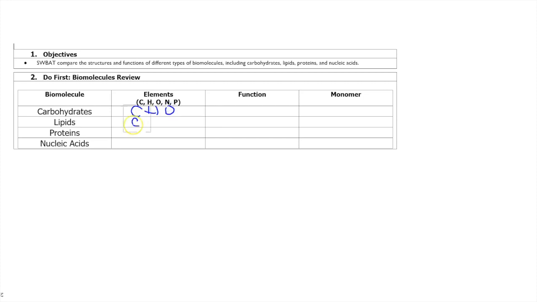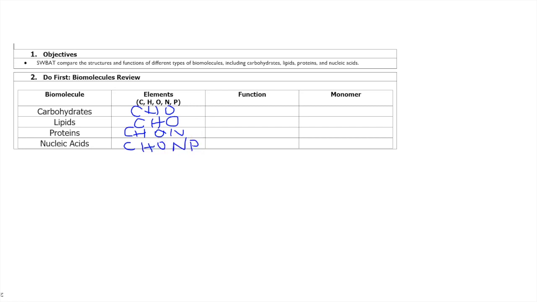Lipids, same thing, CHO. Proteins are CHON, so it has nitrogen in it as well. And then nucleic acids is CHOMP: carbon, hydrogen, oxygen, nitrogen, and phosphorus.